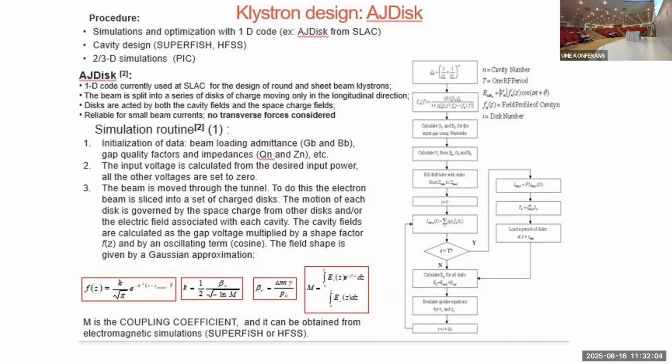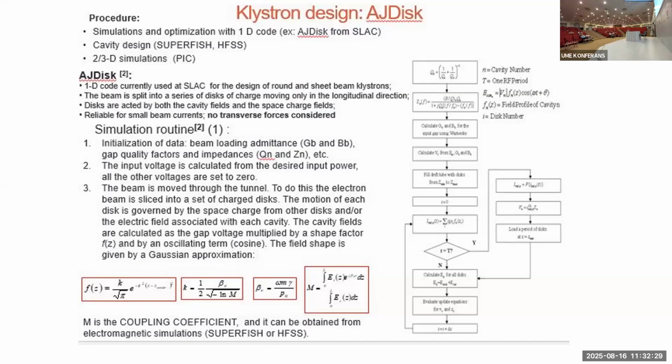And this one is also one dimension. What's the difference from CST? CST is 3 dimension. You can define a mesh that takes slice discs.